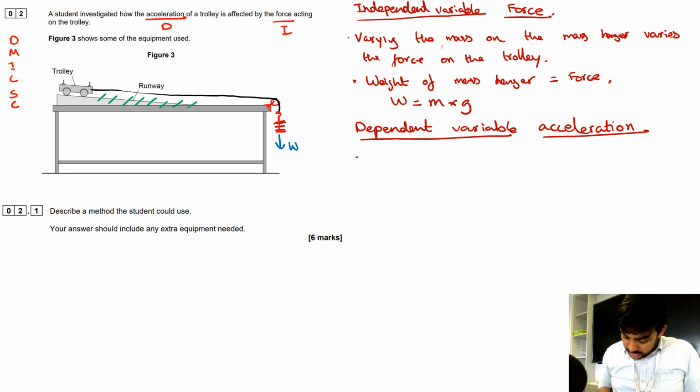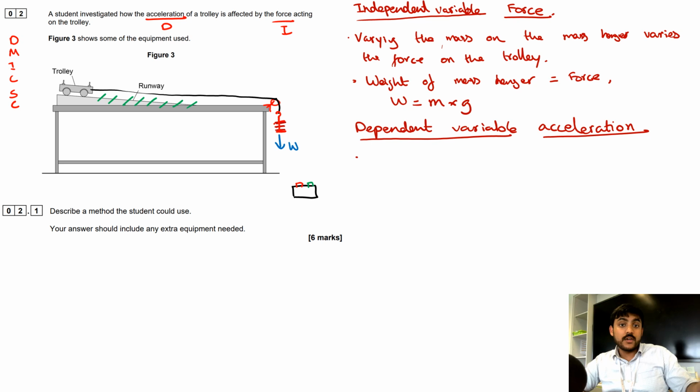Then using a stopwatch, measure how long it takes to move through each 20 centimeter interval, or the 1 meter interval, depending on how lazy you want to be. And you will have a distance and a time taken to cover that distance.